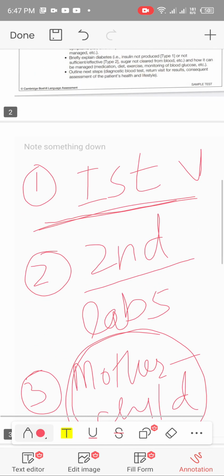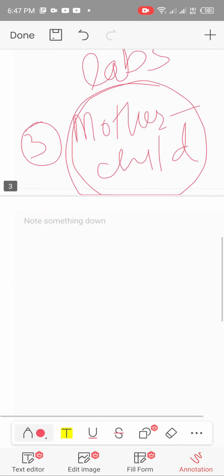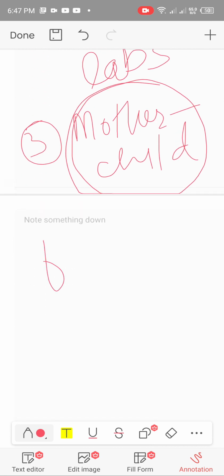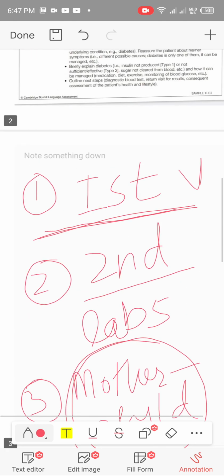May I know your full name? Please always ask the full name. This is the mistake people make. Not the name, but the full name, because you are checking the identity. And your age, please. These are the two things you need to ask. He's going to tell you his name and age, and then you can say, may I ask what brings you here today? This is as far as the first one is concerned.